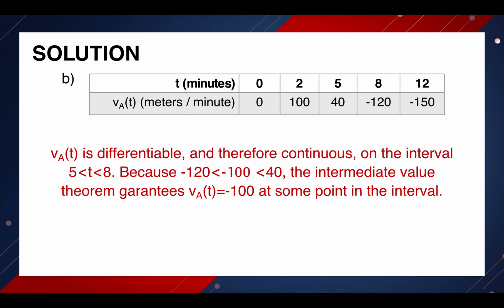As we can see, from v_A(5) to v_A(12), the function increases, and because it is continuous, it is impossible for the function to not have a point with v_A(t) equal to −100 in this interval.